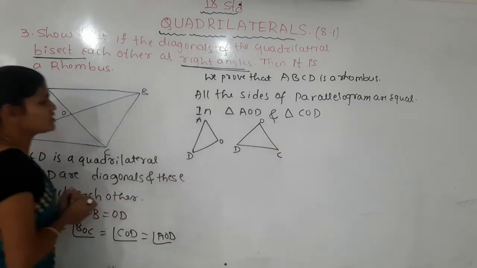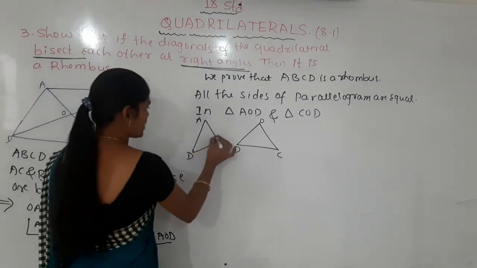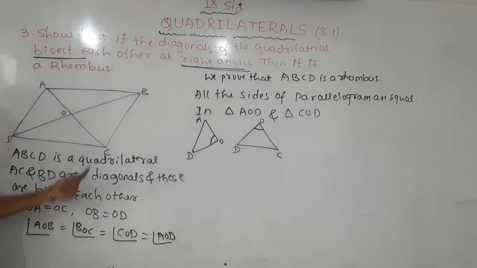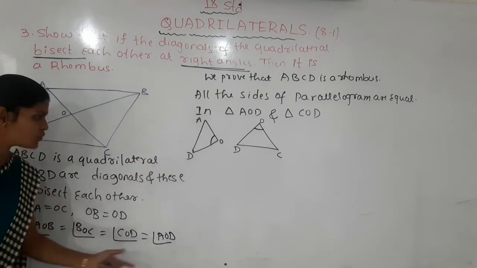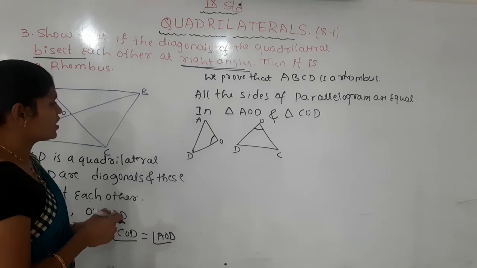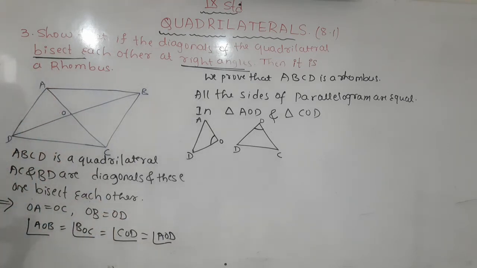What are the things that are the same here? Just observe. Are these two angles equal? Yes, already we have seen angle AOD is the same as angle COD. And one more thing, what is the same? Just observe here.